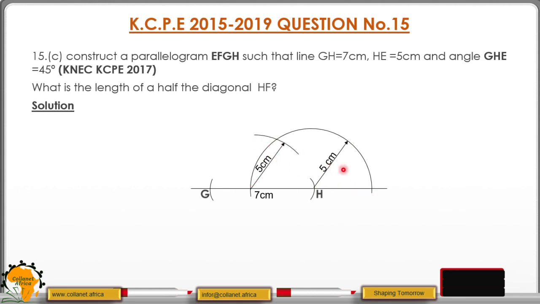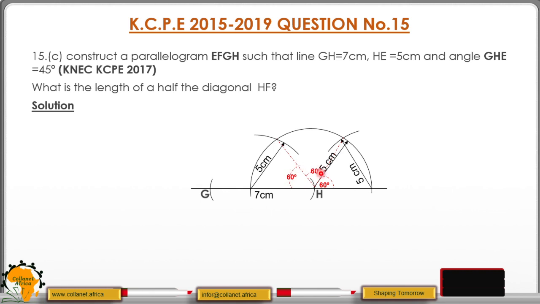Then using the same radius of 5 centimeters, stand at this point, you make an arc. In this case, you'll have divided 180 into 3 equal parts, meaning each will be 60. So that's the first one, the second, and then the third. So this one will be 60 degrees, this one 60, and this one 60.